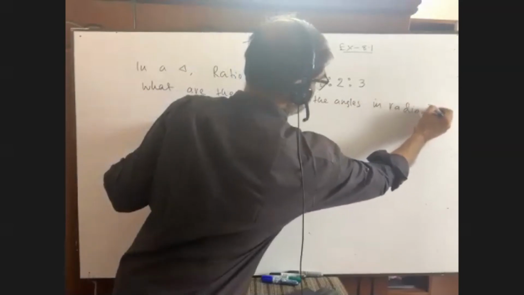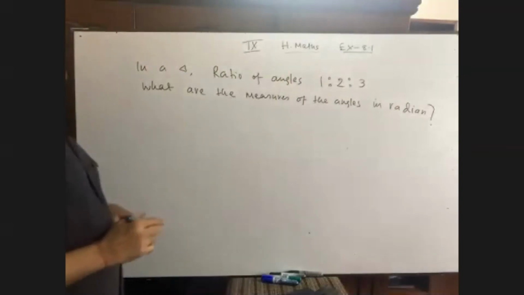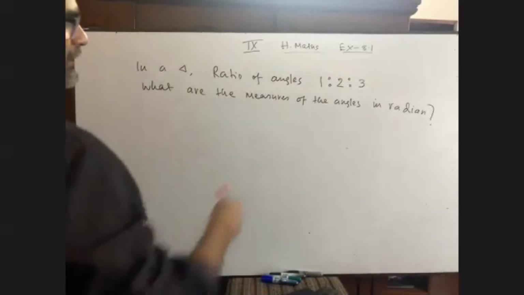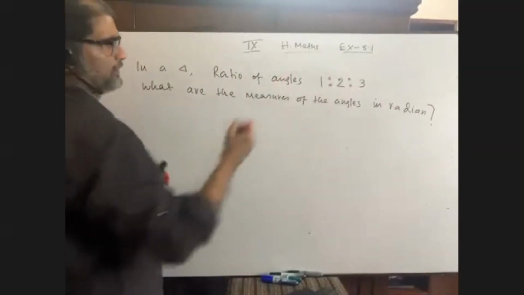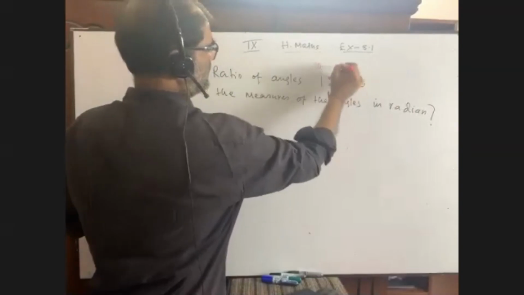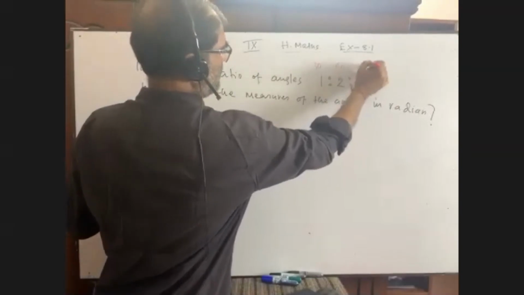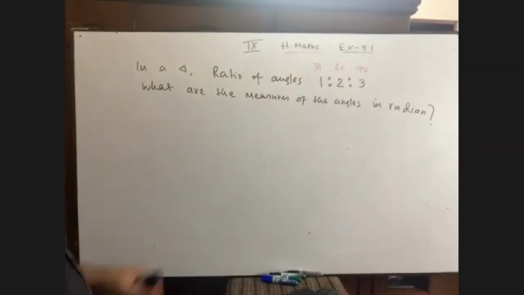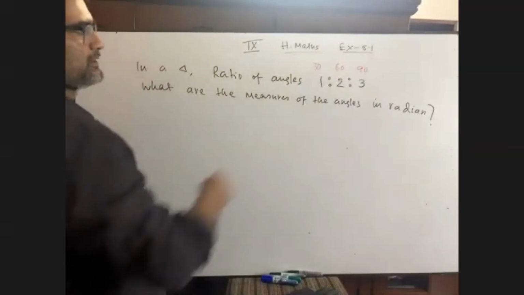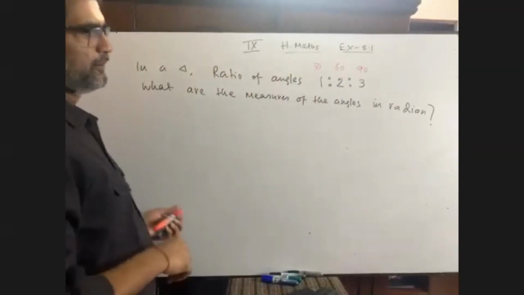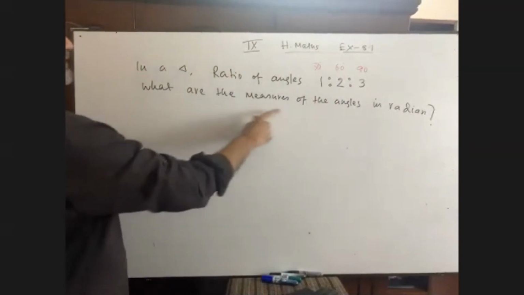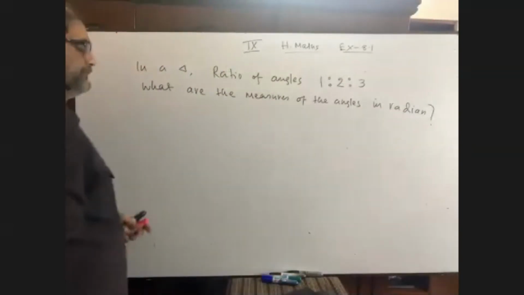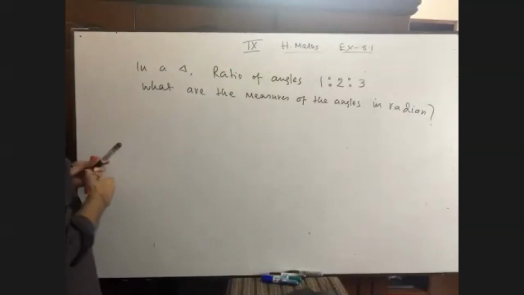If it is in degrees, then you can easily tell it is 30 degrees, 60 degrees, 90 degrees, right? And you see their ratio is 1:2:3, and their sum is 180 degree. This is the math of class 6, 7. But what are the measures of the angles in radian? This is the question.